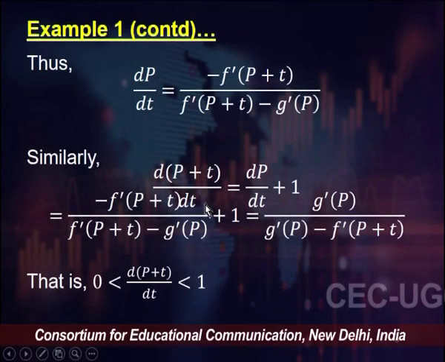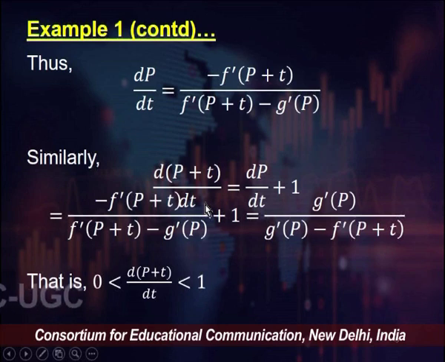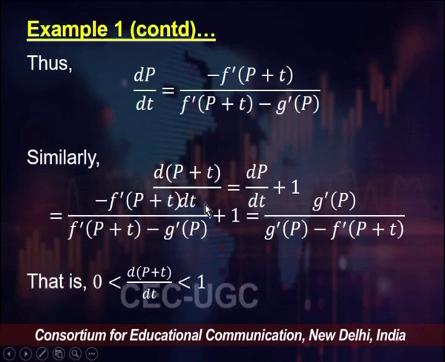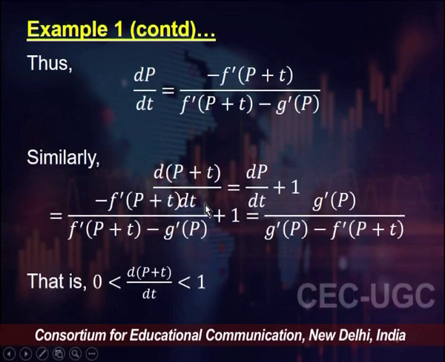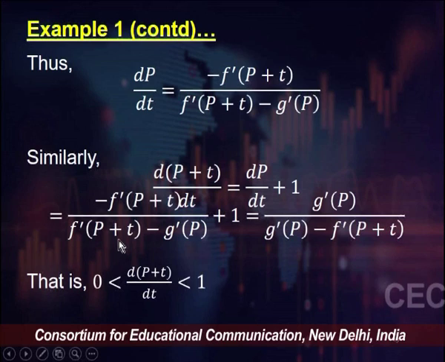Right, and let's now look at how the price paid by the consumer will change with respect to t. So, the derivative of p plus t with respect to t is equal to dp by dt plus 1, and here you can substitute for dp by dt, which is minus f prime divided by f prime minus g prime, which we derived in the previous slide, plus 1.